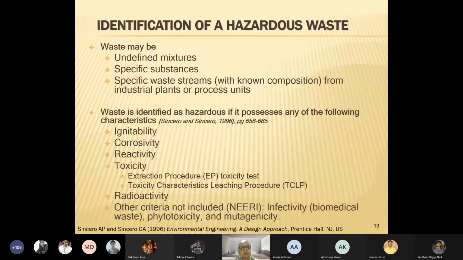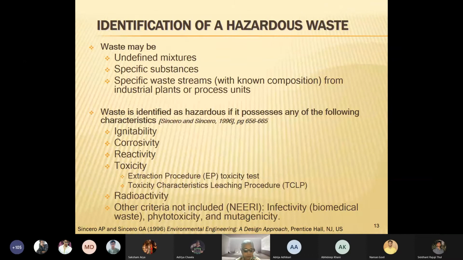Before I come to the definitions, let's look at the nature of the waste. There are three types of waste streams. You can have undefined mixtures, you can have specific substances, and you can have specific waste streams with known compositions. So try to imagine an industrial facility and think about the wastewater coming out of these facilities.